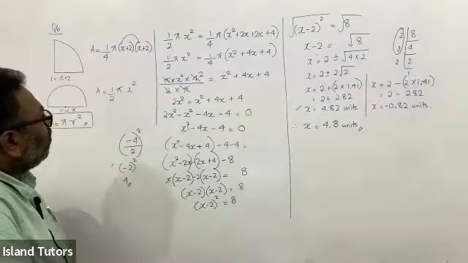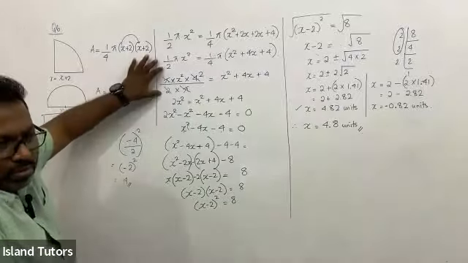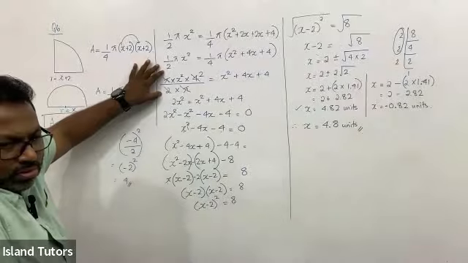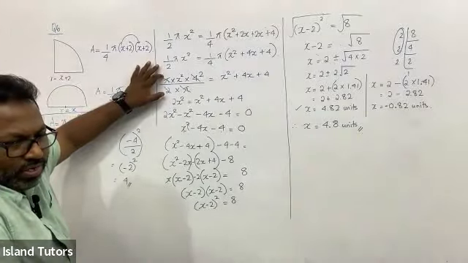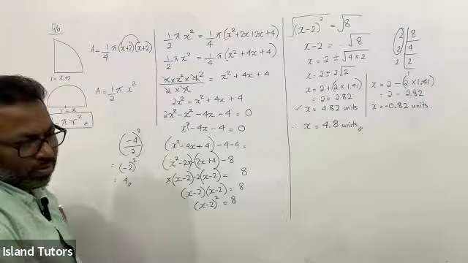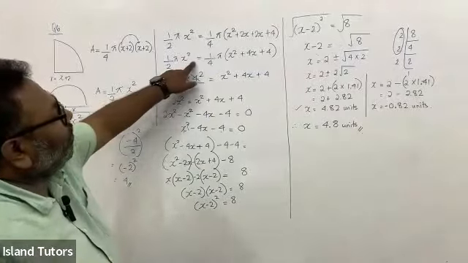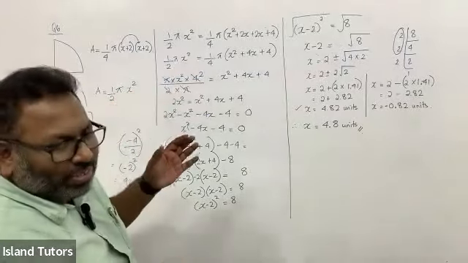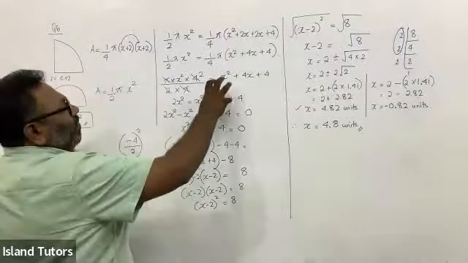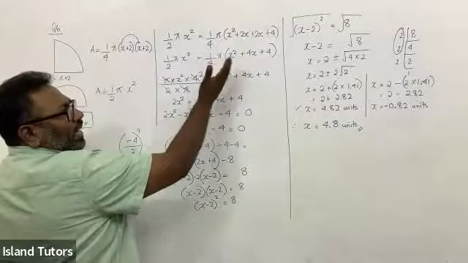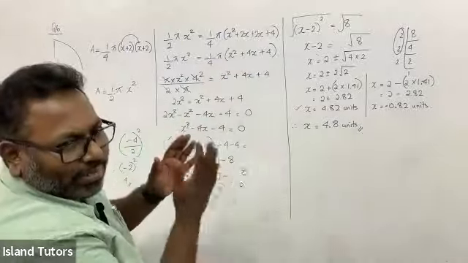What's the third step? This one. See, you want to write it as a quadratic equation, no? So when you write it as a quadratic equation, we want to take all the x squared to one side.